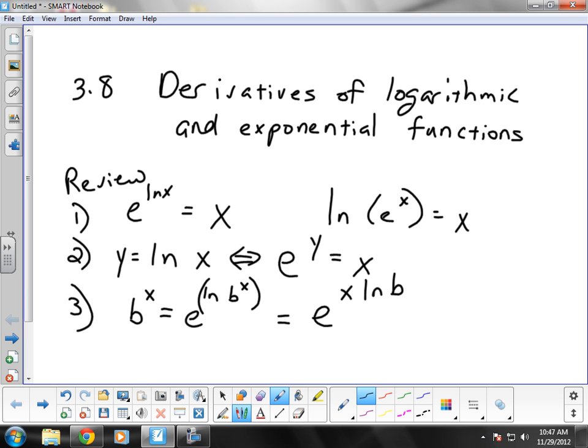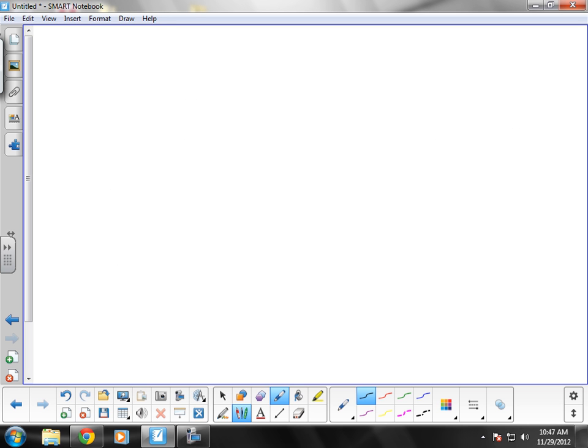Now, the calculus part of this is we've got theorem 3.17, which is just the derivative of the ln of x.